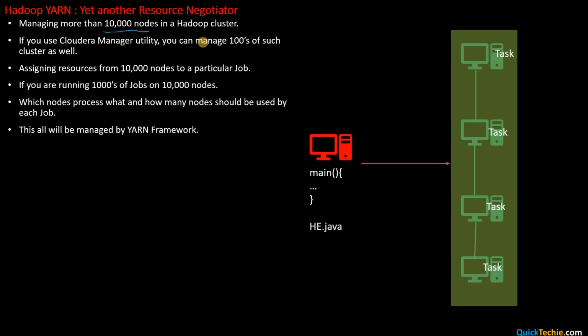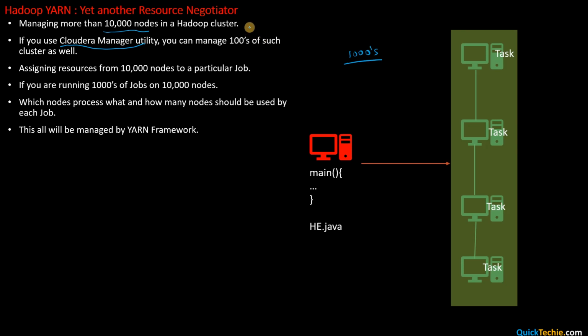If you use the Cloudera Manager utility, you can manage hundreds of such clusters as well. Cloudera is basically a vendor providing big data solutions. They have a platform called CDP, Cloudera Data Platform, where one of the underlying components is Hadoop, and they provide one utility or UI which manages hundreds of different clusters. Managing one cluster itself is a challenge, correct? If you create a 1,000 node cluster, how would you manage it?